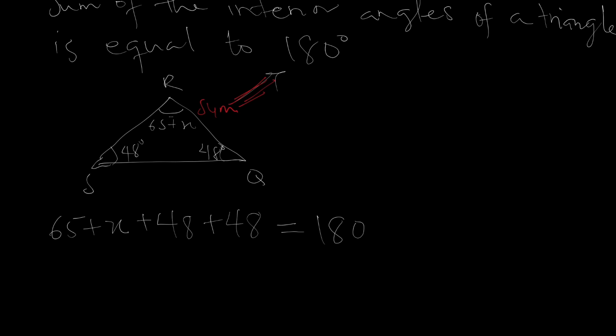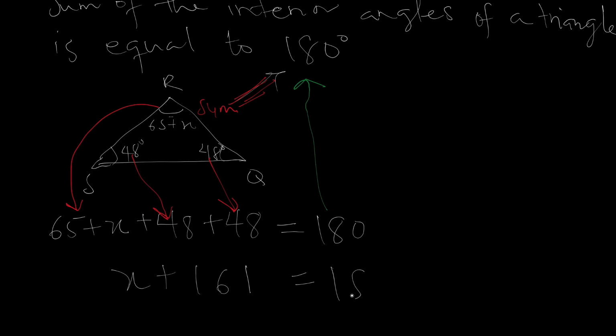So this plus this plus this should be equal to 180. So we have x plus 65 plus 48 plus 48, which gives us 161, should be equal to 180.